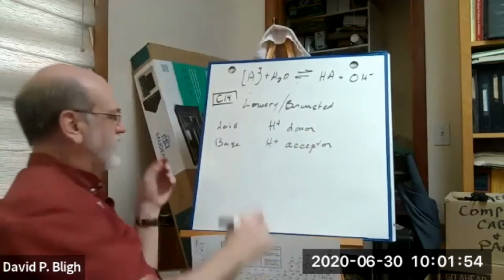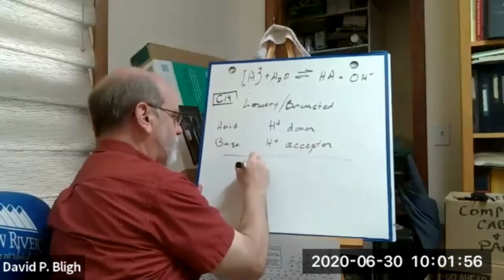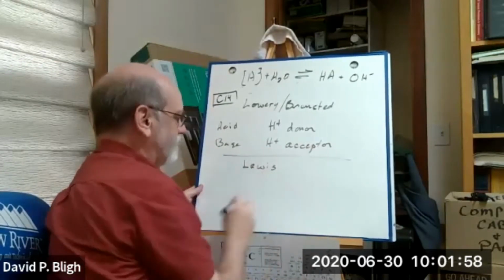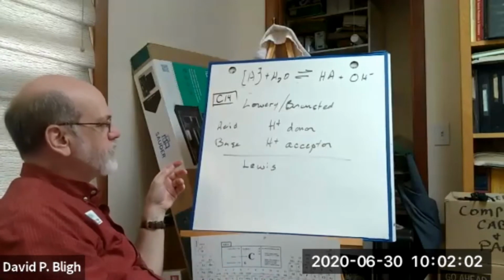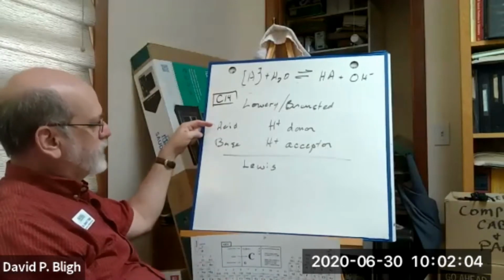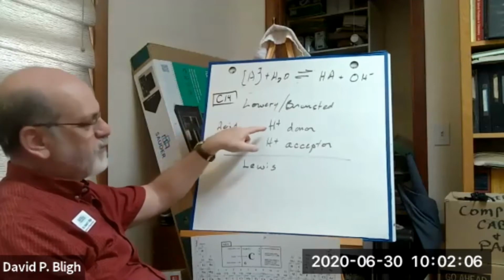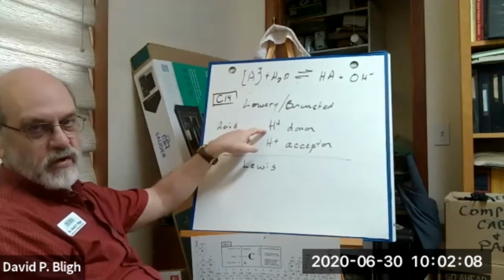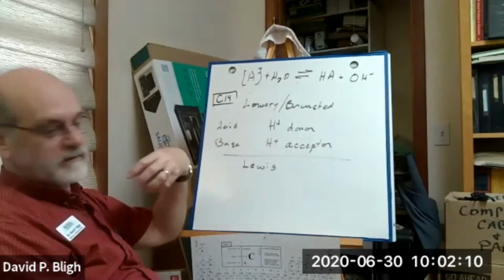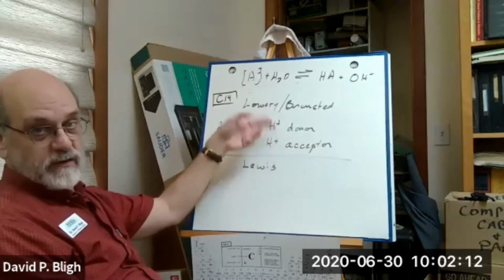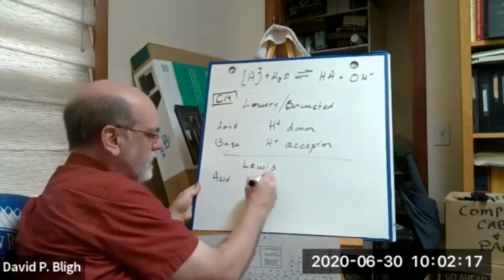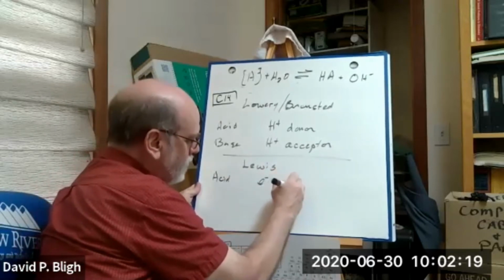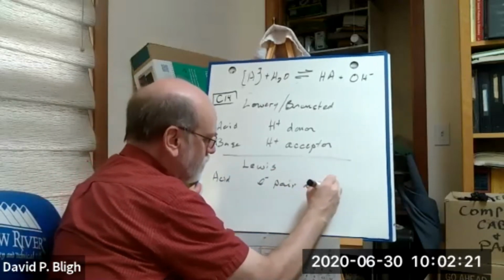Okay. How about Lewis? Lewis says that in order to donate a proton, the molecule has to accept an electron pair to make that hydrogen positive. So an acid is an electron pair acceptor.